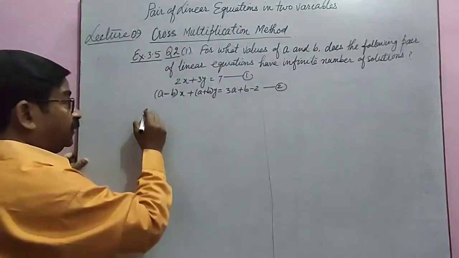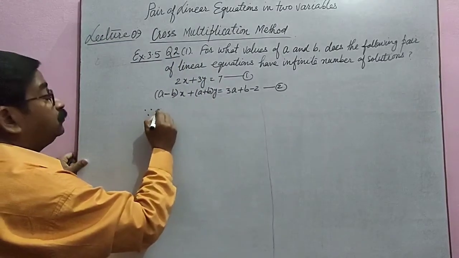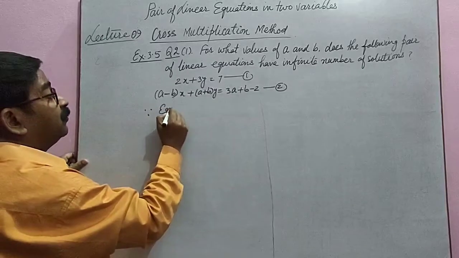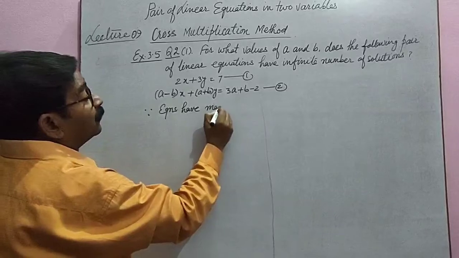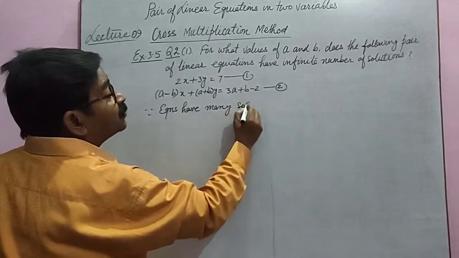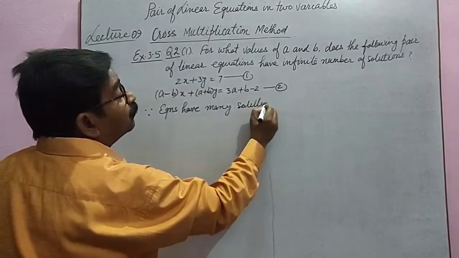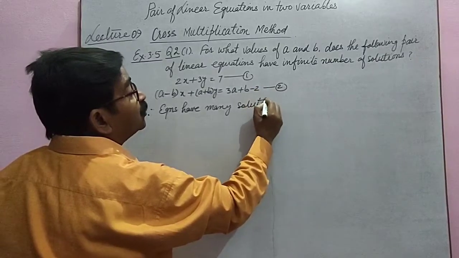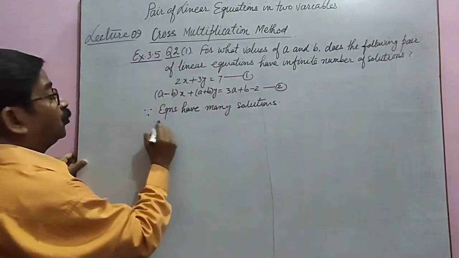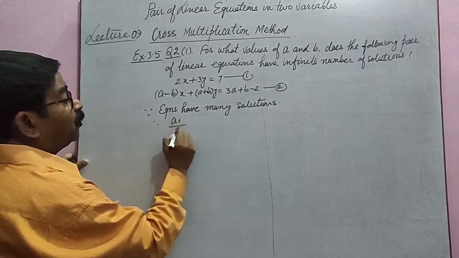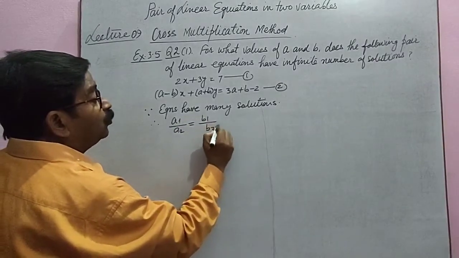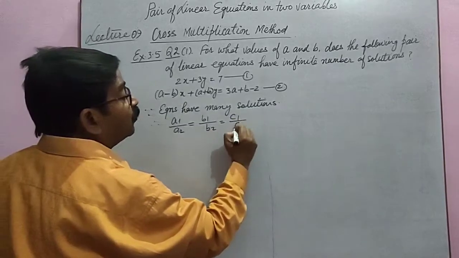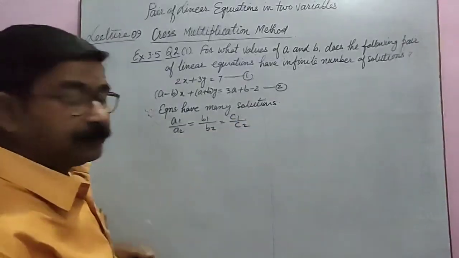So how to write? Since the equations have many solutions, therefore a1 upon a2 is equal to b1 upon b2 is equal to c1 upon c2. This is the criteria.